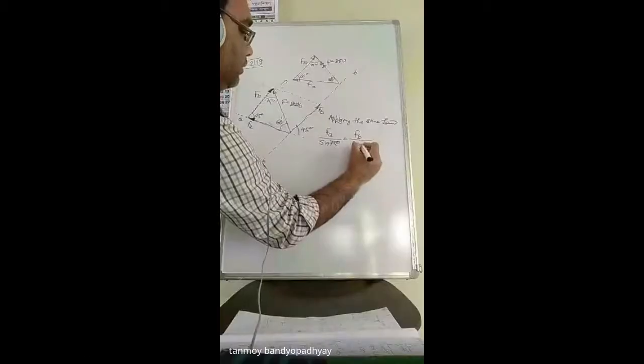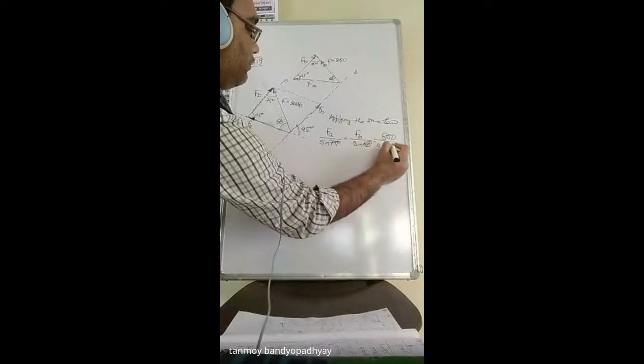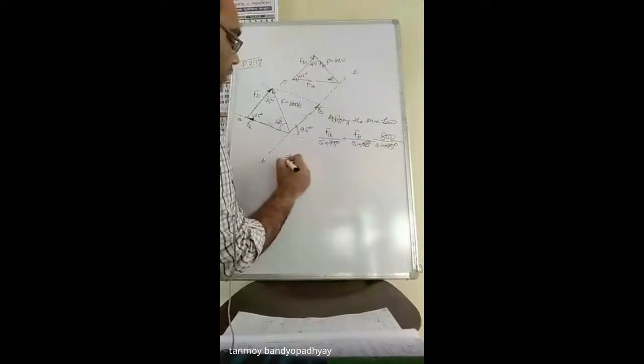Applying the sine law, I'm keeping this small for now. So if I apply the sine law, what I should be getting is FA divided by sine 75 degrees, equal to FB divided by sine 60 degrees, equal to 800 divided by sine 45 degrees.